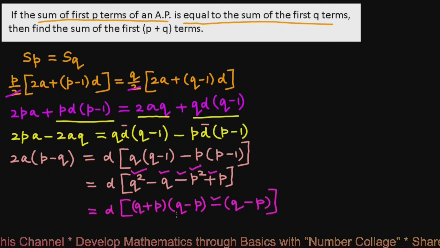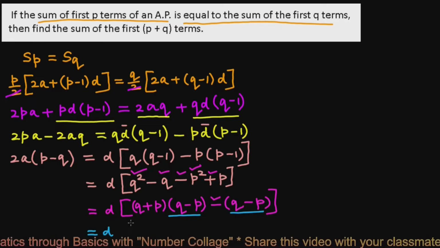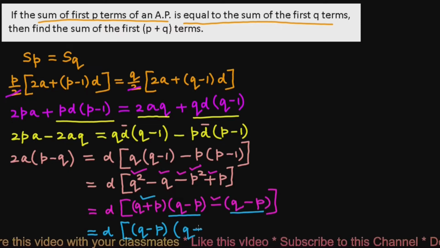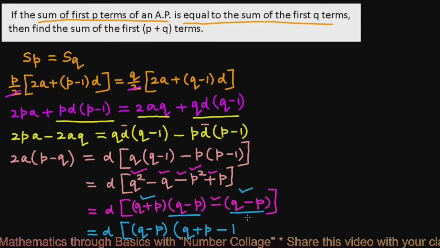Now we will take this (q minus p) common and write d multiplied by (q minus p) multiplied by (q plus p minus 1).